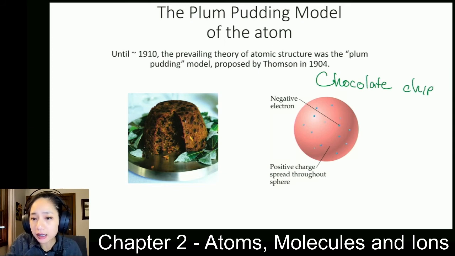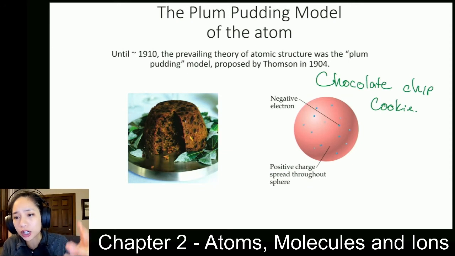They did in England, where Thomson was from, so that's why he called it that. But here in America in modern times, think of a chocolate chip cookie, where the cookie part is your positive charge. That's where the mass of your protons and neutrons are. And then like chocolate chips, you sprinkle your negative electrons around it. So that was the plum pudding model.